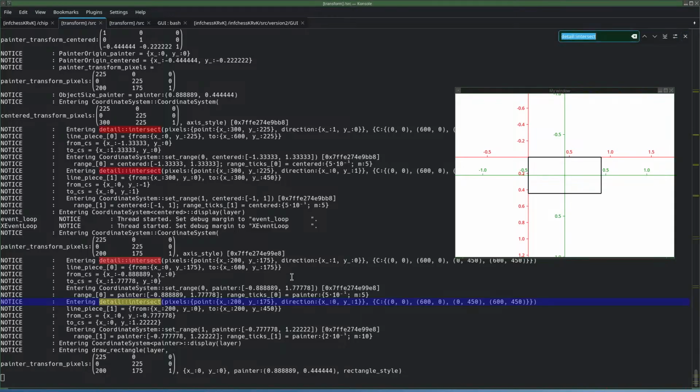Entering intersect, that happens a few times. Which one is interesting? Because it happens for every axis. So we have two coordinate systems and each has two axes, therefore we call it 4 times.